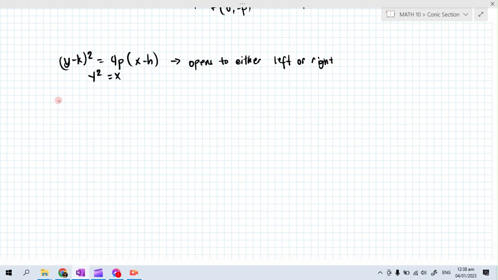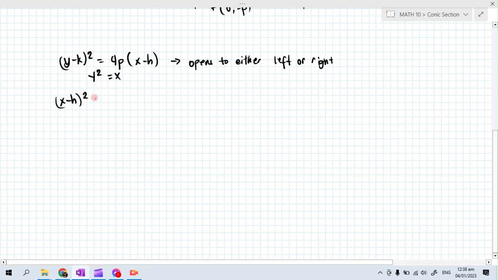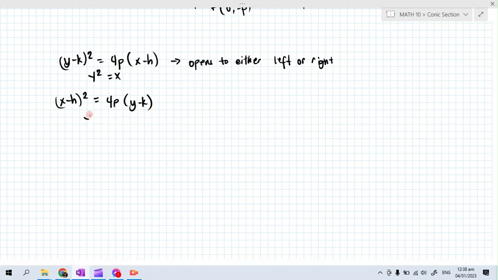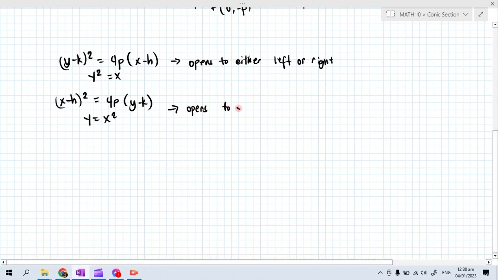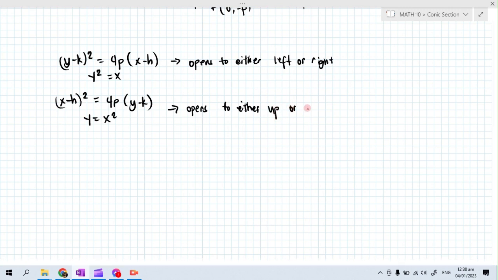The next formula is (x minus h) quantity squared equals 4p times (y minus k). The equivalent is y equals x squared, which means it opens either up or down.